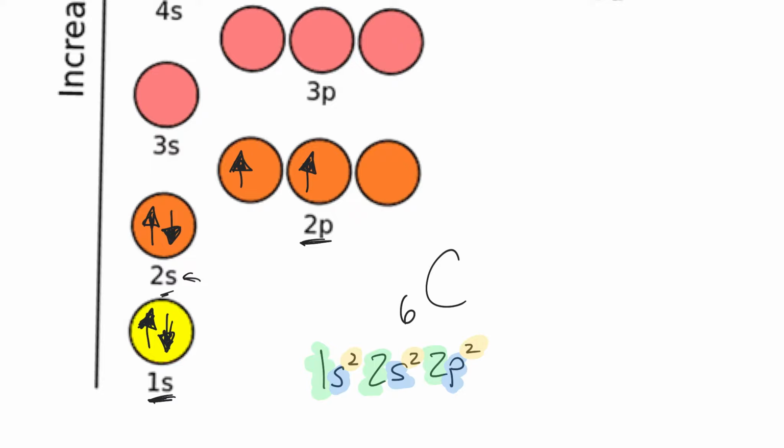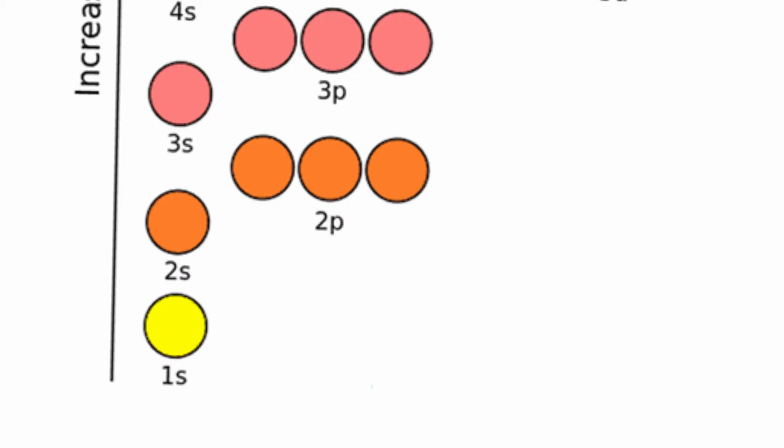Let's do another example. Let's look at the atom of sodium. Sodium is Na. It has the atomic number 11, so if it's neutral, it has 11 electrons as well. Let's go ahead and draw out the orbital diagram. We have 1, 2, 3, 4, 5, 6.